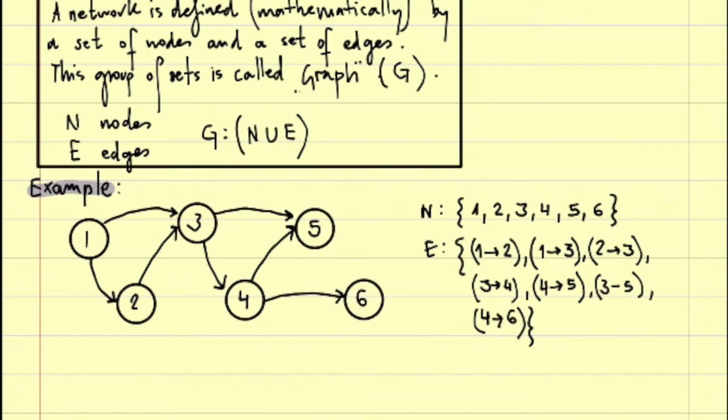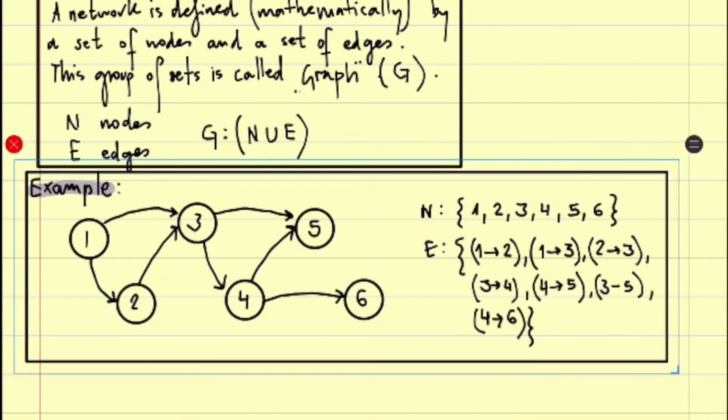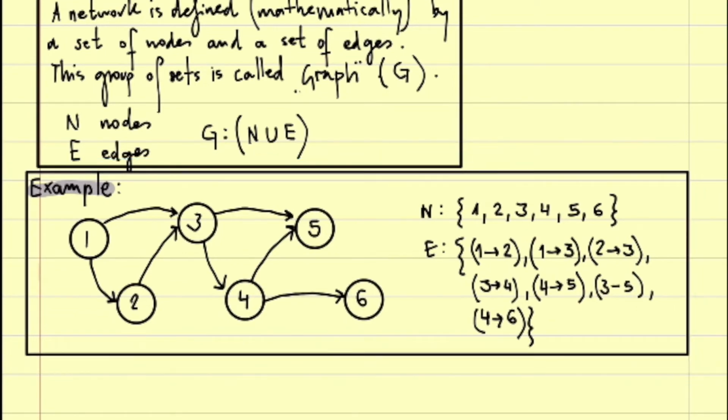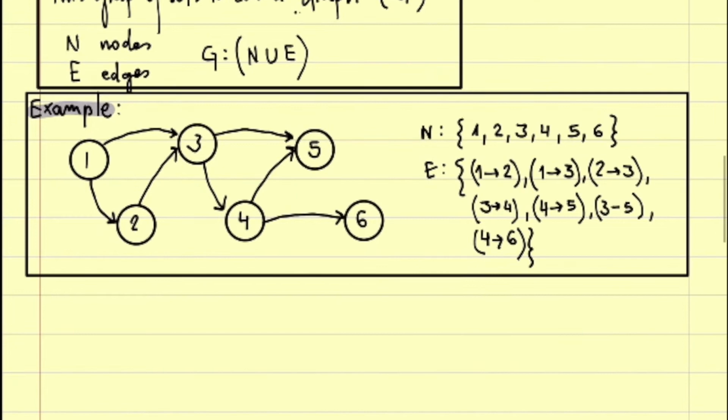So we have 6 nodes and 7 edges in our network. Okay? Can you follow? I hear no questions, so I continue.